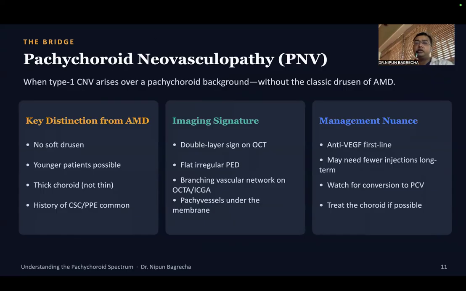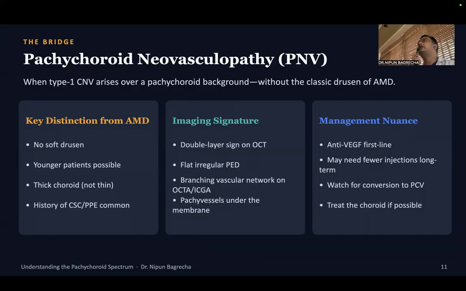So, pachychoroid neovasculopathy. What is the difference between pachychoroid neovasculopathy and our classic CNVM and type 1 CNVM? See, the management is the same. Anti-VEGF is the first line of treatment.